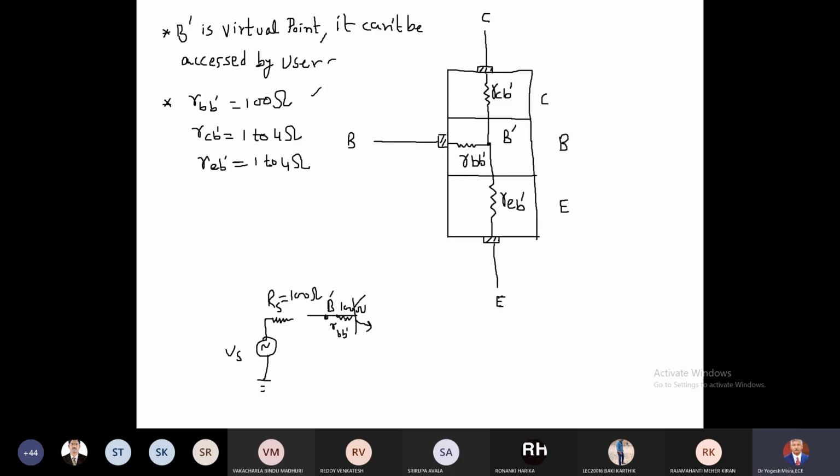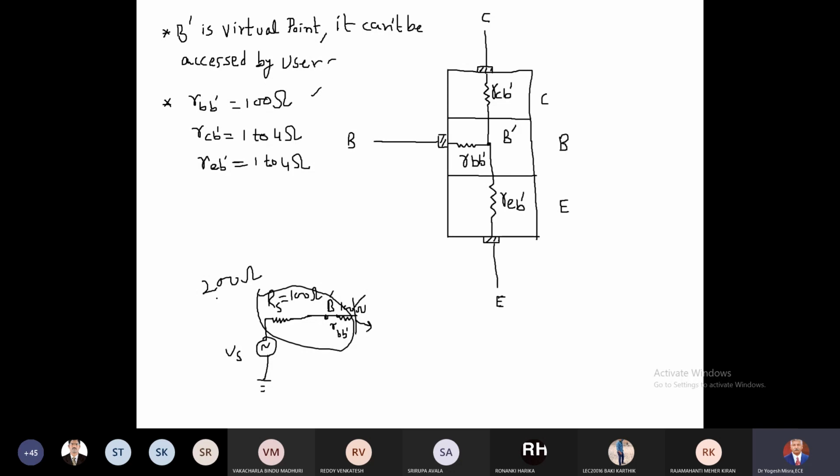So this 100 ohm will come in series with this 100 ohm Rs, right? So we cannot neglect this R_BB', whereas we can neglect the R_CB' and R_EB', right? Because that value is very small. But here this 100 ohm, though 100 ohm is also small, when it comes in series with Rs, then the overall resistance here will become 200 ohm, right?